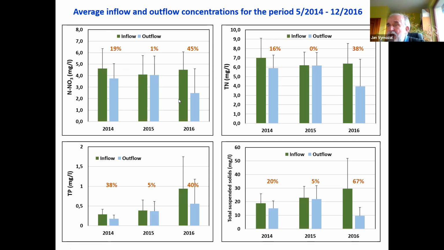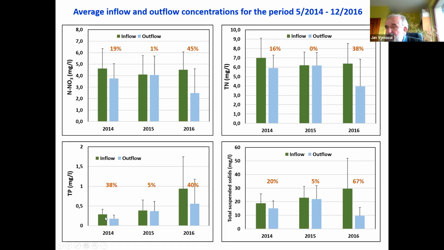So nitrate removal. This is the occasional overflow, removal 90%. There is no flow, so this stream was like 200 meters. There was no chance to get any kind of treatment. And when we had the permanent flow, we achieved about 45% removal of nitrate, and very similar numbers for total nitrogen: 16%, 0, and 38.